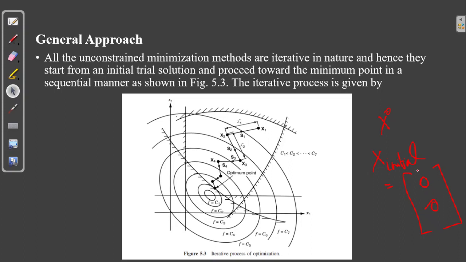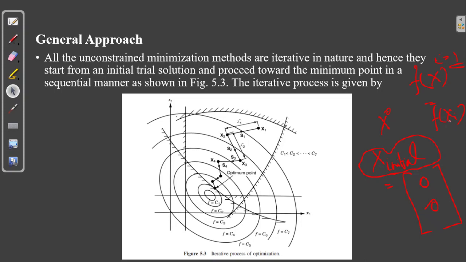You will be provided with this initial value of the optimization vector, and what you have to do is substitute this initial value into f of x. Then you will get f of xi, x initial, for i equal to 1, that means the first iteration.